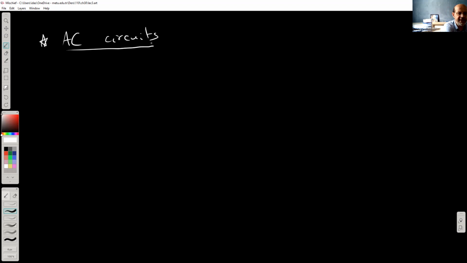So as a result, the AC circuits are placed in here because an inductor in an AC circuit behaves in a certain way. A capacitor placed in an AC circuit also behaves in a certain way. So these devices, a capacitor and an inductor in alternating current circuits, also fulfill some functions.